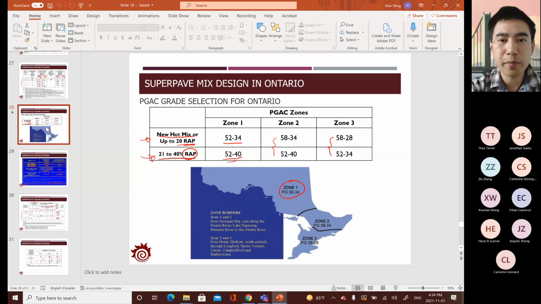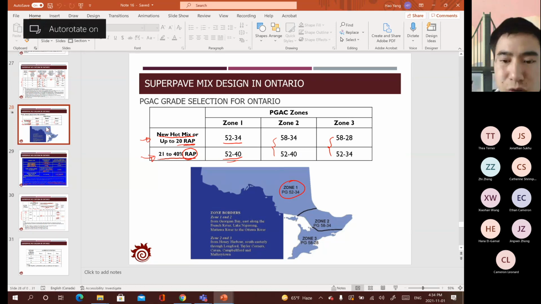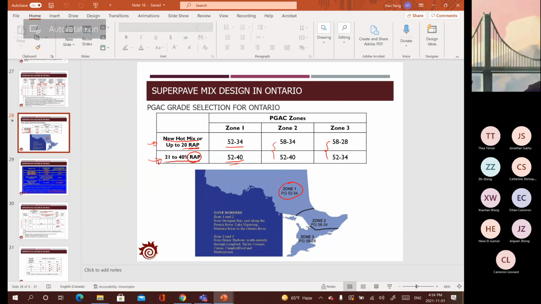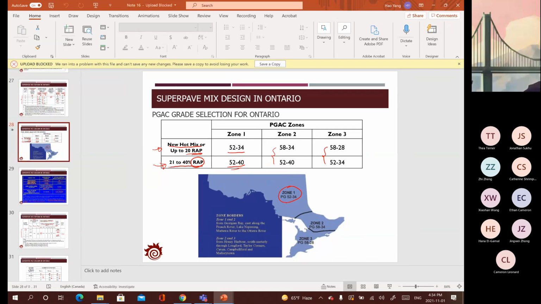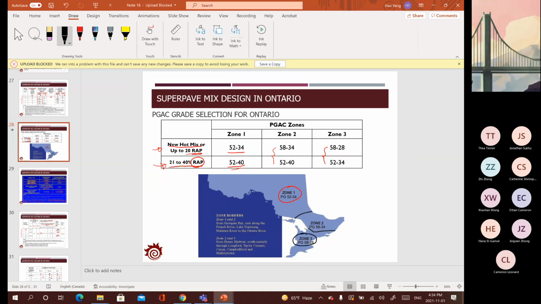For the Superpave mix design in Hamilton, you can see that it's under Zone 3. So the default performance grade is PG 58-28. This is the default value.